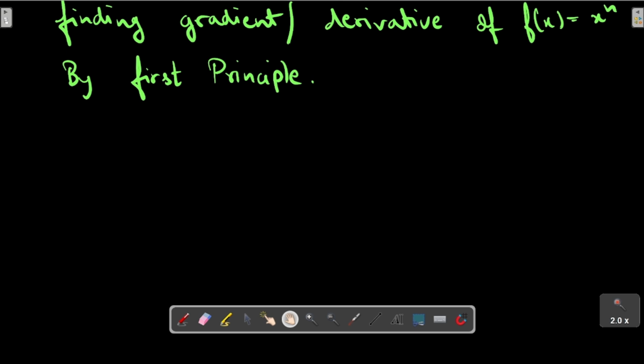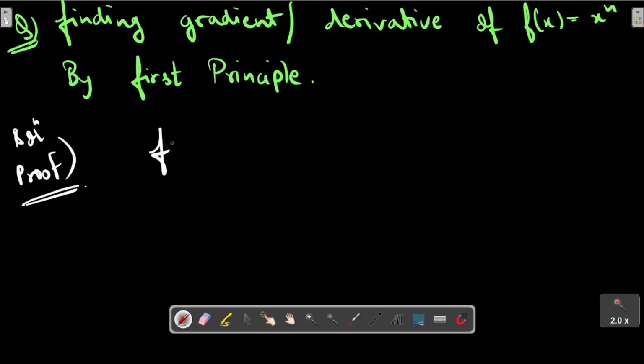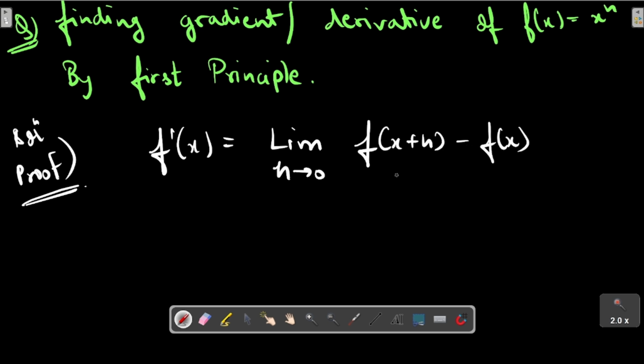Let's proceed. This is my question. This is my solution and proof. So f dash x is lim h tends to 0 of f of x plus h minus f of x upon h.